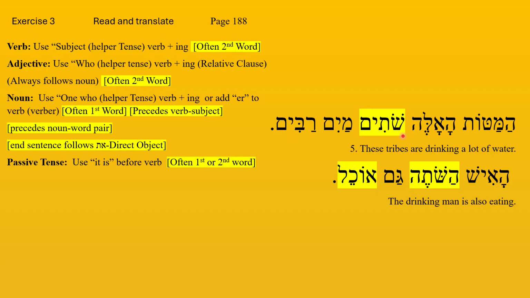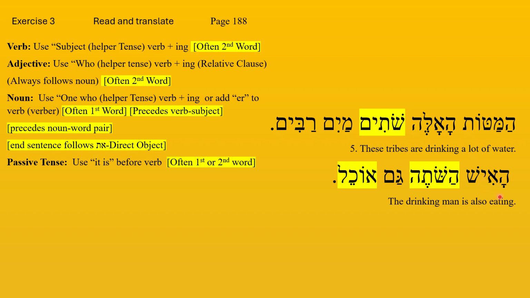These tribes are drinking a lot of water. Or much water. We really don't have a word pair form here. But at any rate, a lot of water is a better translation than much water. All right, next one.